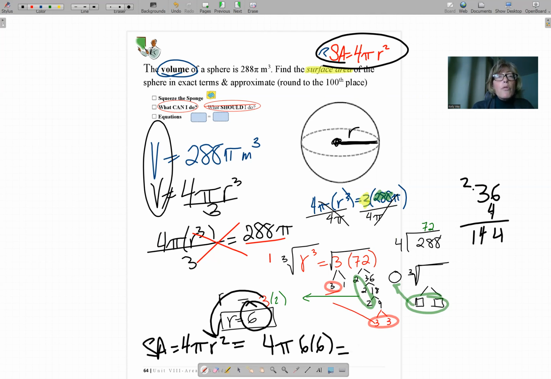So our surface area for that sphere is going to be 144. Keep it in pi form, meters squared.